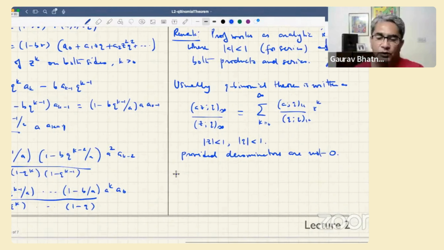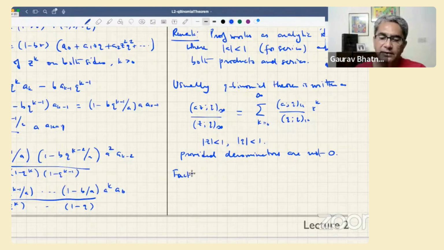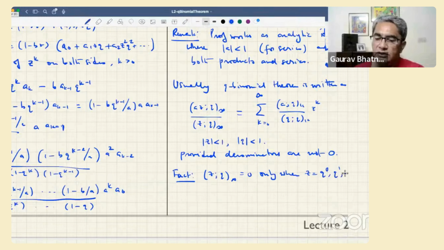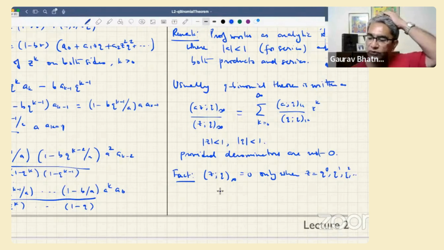And I want to state another fact, which we will prove at some point, that (z; q)∞ is 0 only when z is q raised to 0, q raised to 1, q squared, and so on. So (z; q)∞ is what?